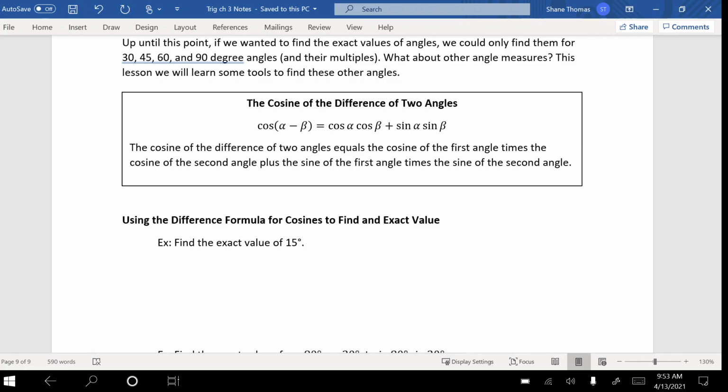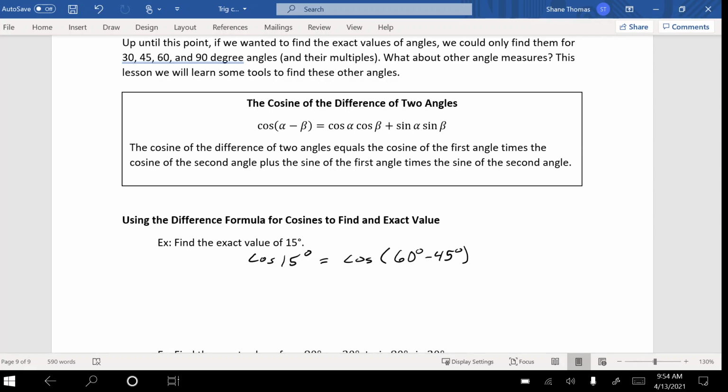So the cosine of 15 degrees, wouldn't that be equal to the cosine of 60 degrees minus 45 degrees? That's what I'm saying. I'm making a combo of other angles that I know. I know 30s, 45s, 60s. In this case, I did 60 minus 45, which is 15. Again, this is not going to cover every single angle, but it's going to get us closer. It's going to give us a few more to work with.